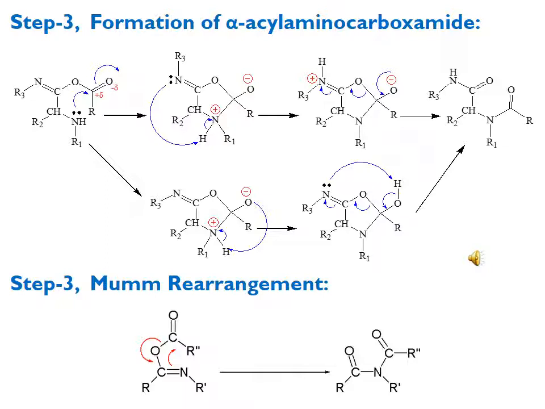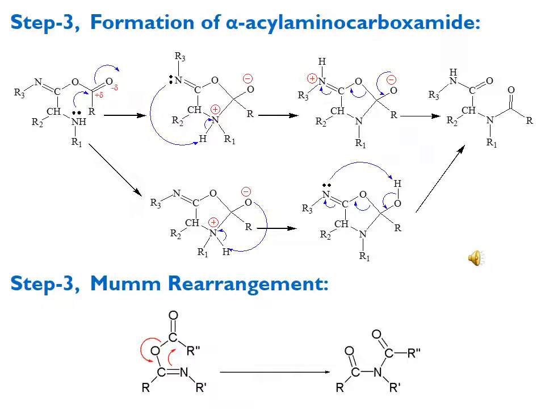So the lone pair has nucleophilic character, but less than that of sp3 hybridized nitrogen. So in the first step, the sp3 nitrogen attacks the carbonyl carbon of the acetate, and we get the 5-membered intermediate. Here two possibilities can be.